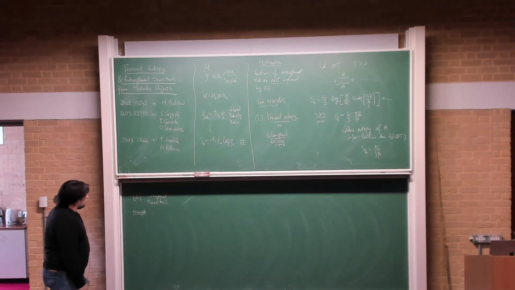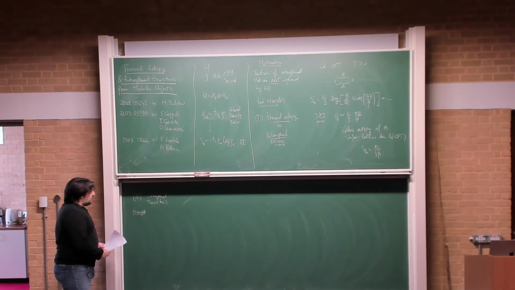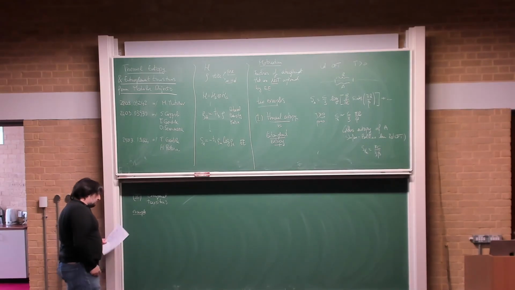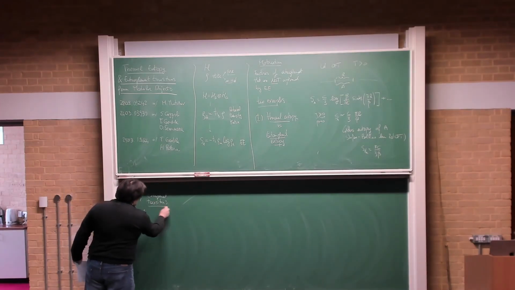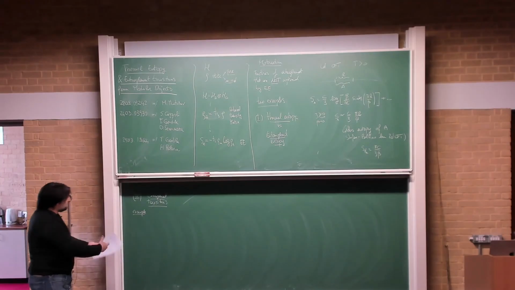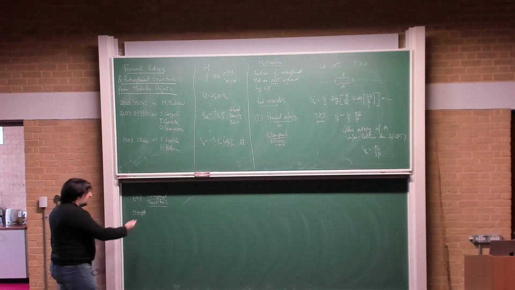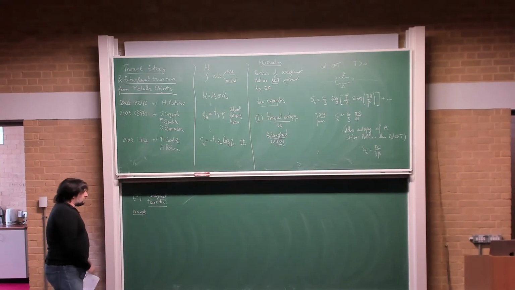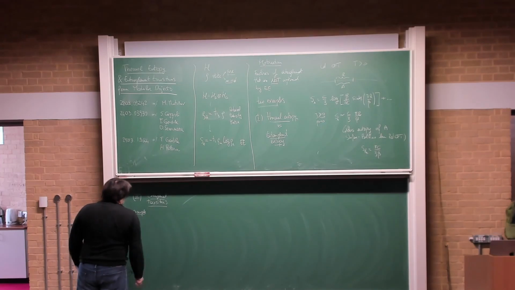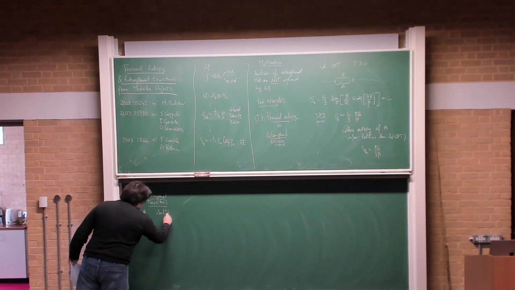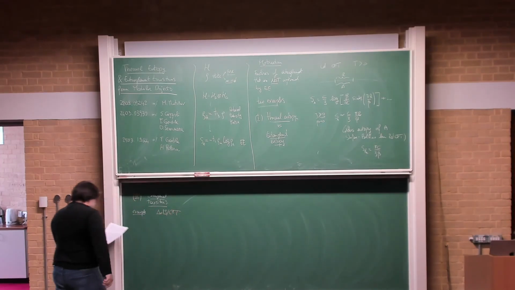So the second thing is related to this entanglement transition. Everybody knows what a transition is. So you expect some discontinuous behavior in some entanglement quantity. Let me give you the example from the AdS/CFT.